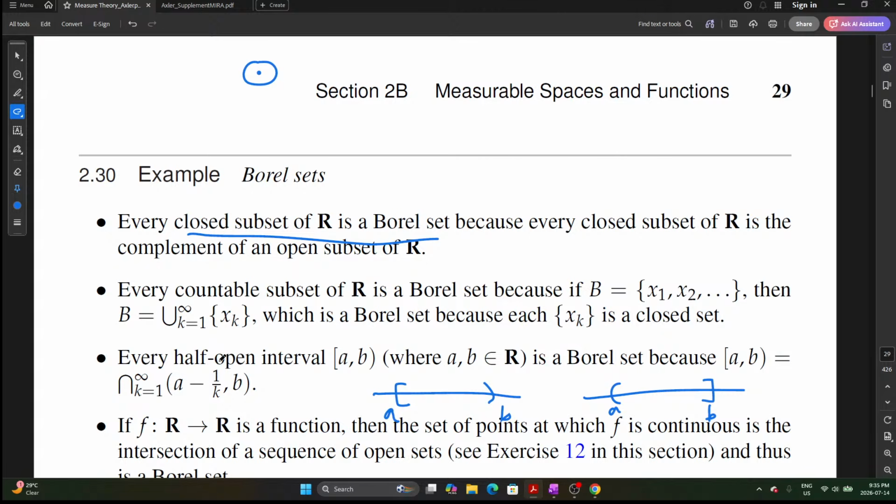approximation argument. So A minus 1 over K is a little bit less than A, see? A minus 1 over K. And then as K increases, the left endpoint moves towards A. And so by taking the intersection, the left endpoint approaches A, so that after taking the intersection, only A is left.